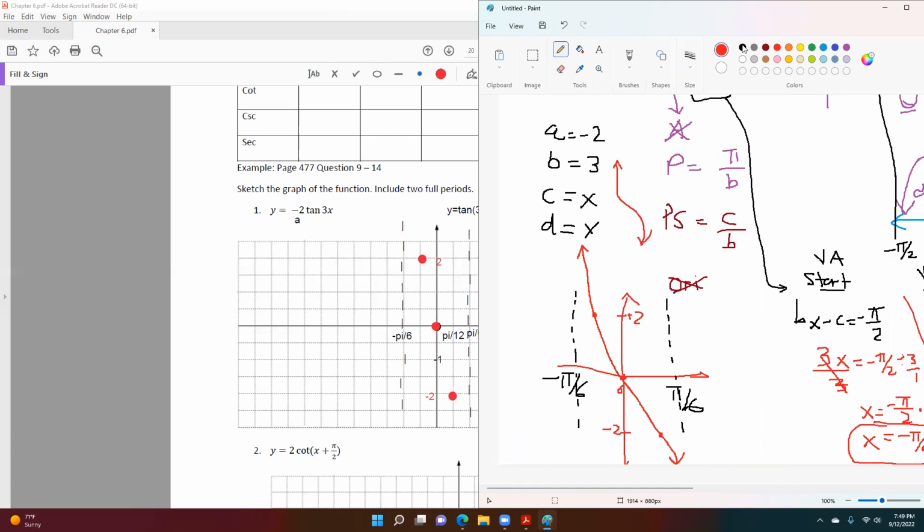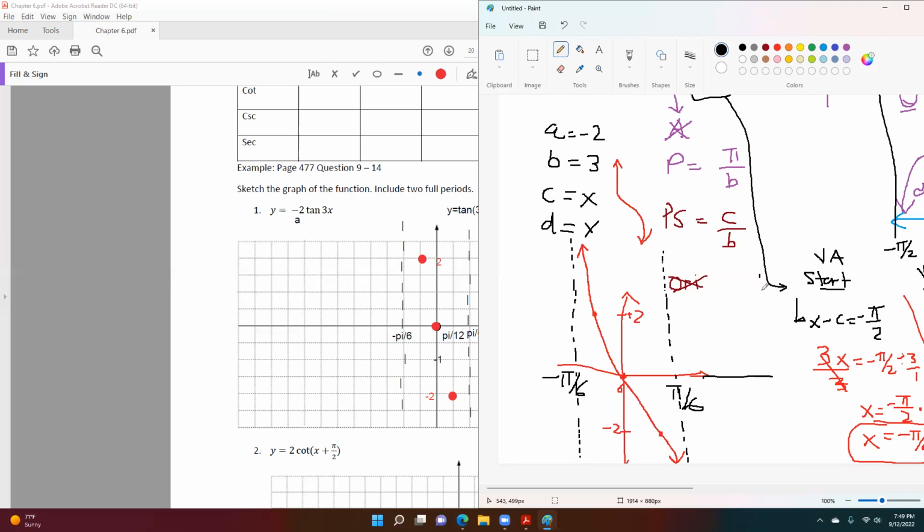Okay, so it looks like a cubic function, but it's been reflected over the x-axis, and it will not cross at pi/6 in this case. So this is the answer for question 1. And since they want 2 periods, the next period will be right over here.